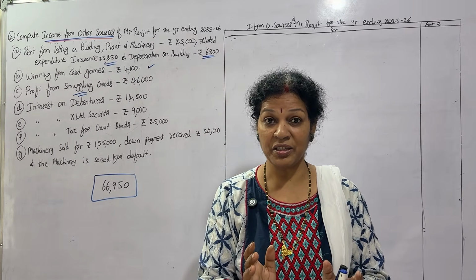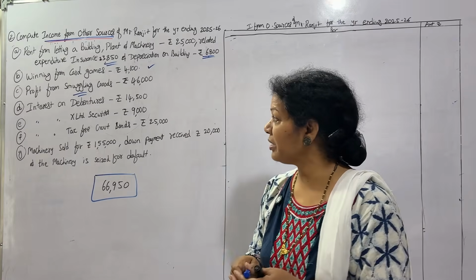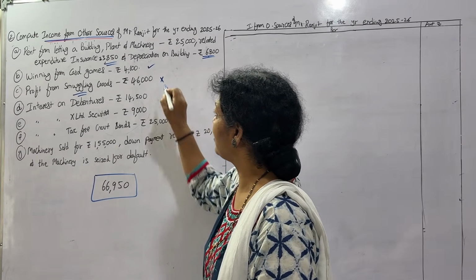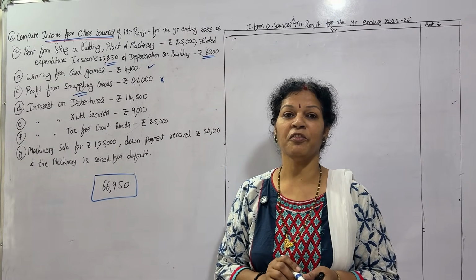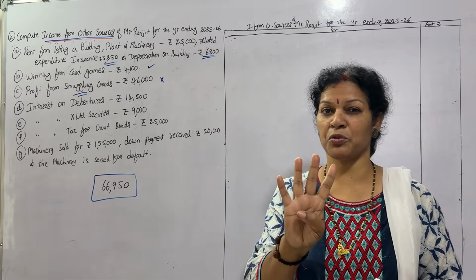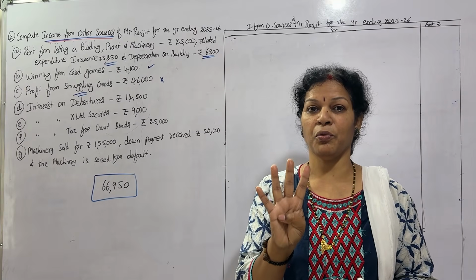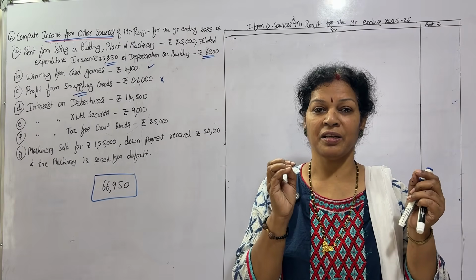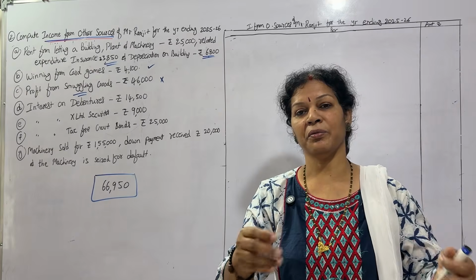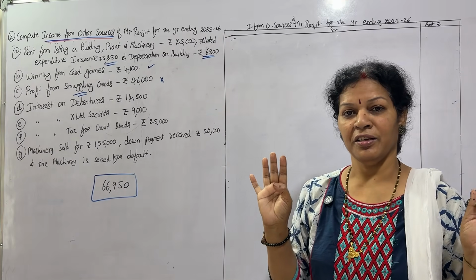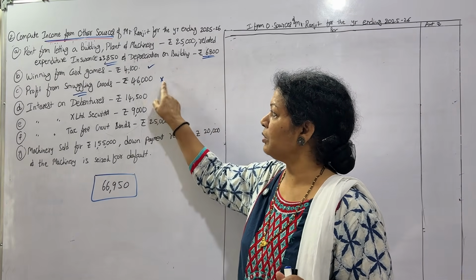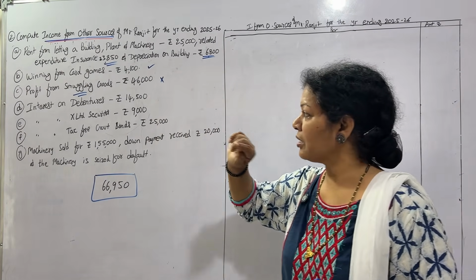So we don't consider this. This is not income from other sources. We have discussed only 4 transactions. Apart from these 4, everything we consider as income from other sources. So anyhow, this is not going to be considered.